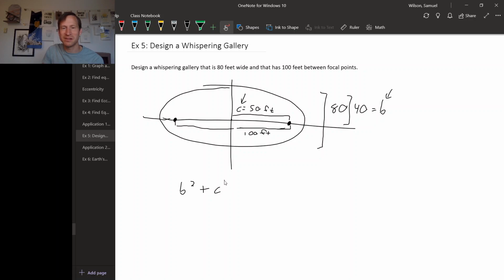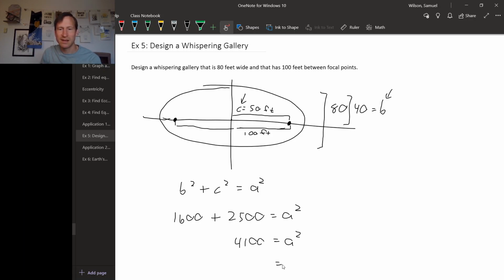So B squared plus C squared equals A squared. And so now we can find A squared. So B squared, 40 squared, is 1600, plus C squared is 2500, equals A squared. So that's 4100 is A squared.